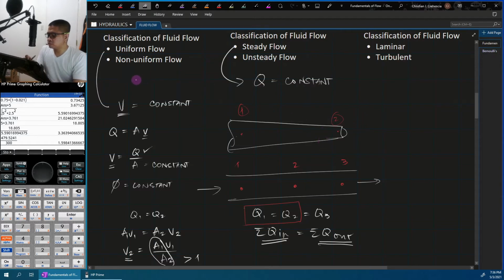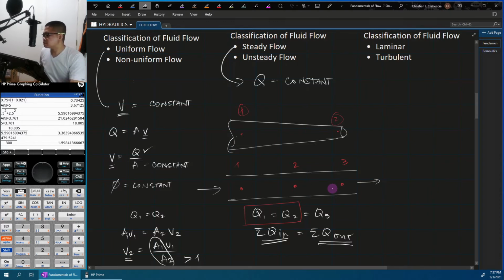So dito pwedeng after 10 seconds magbago yung discharge mo, bumilis yung discharge mo, but still at that very specific time, yung velocity natin doon sa mga points na yon ay pare-pareho pa rin. Okay? So yun yung difference ng steady flow at uniform flow.